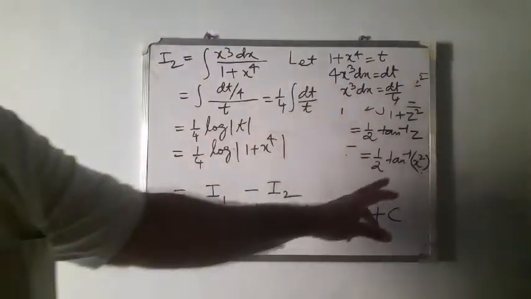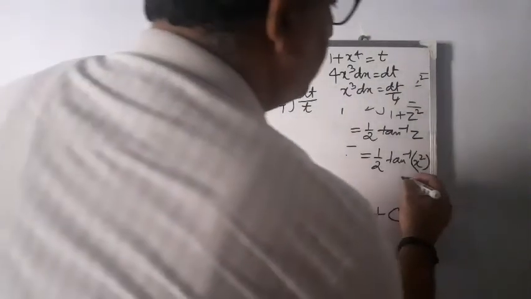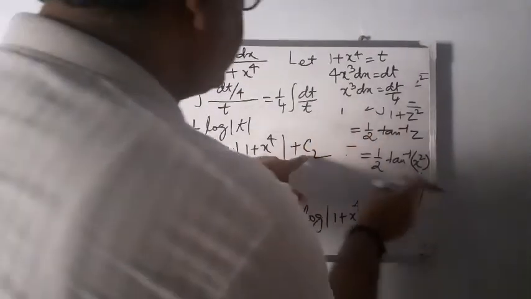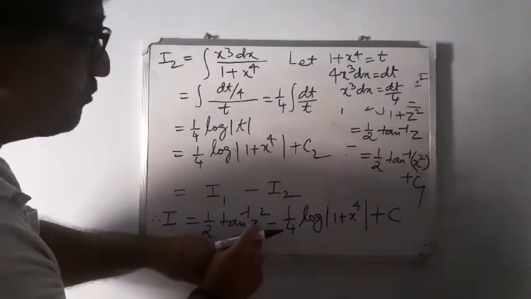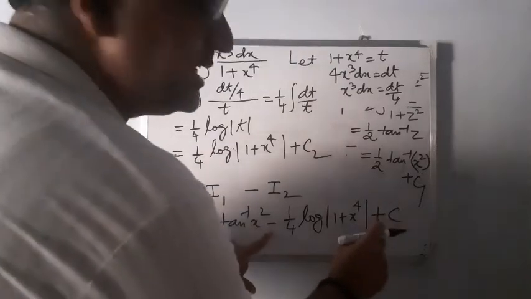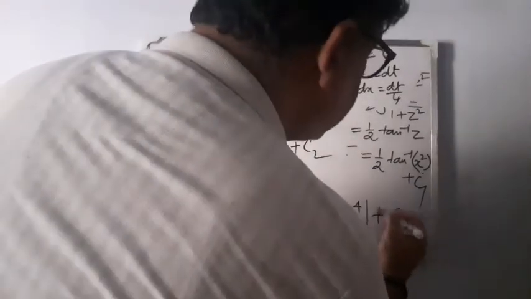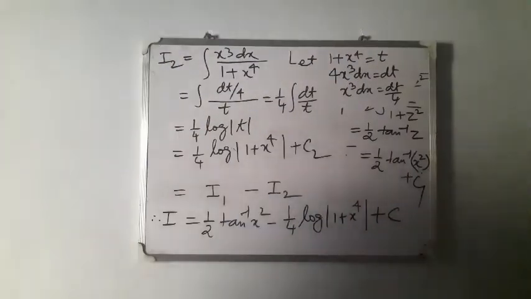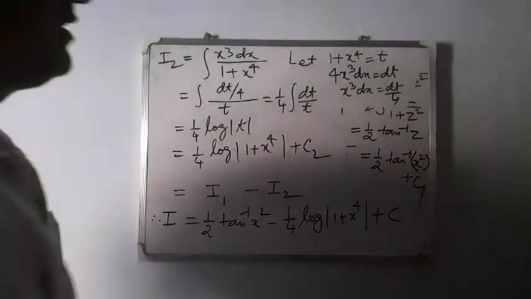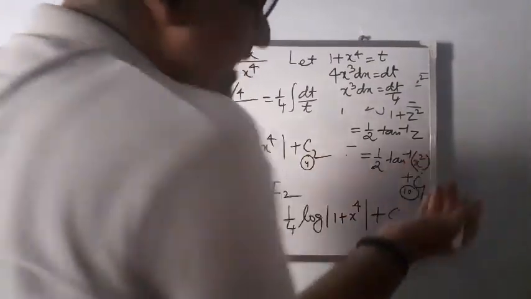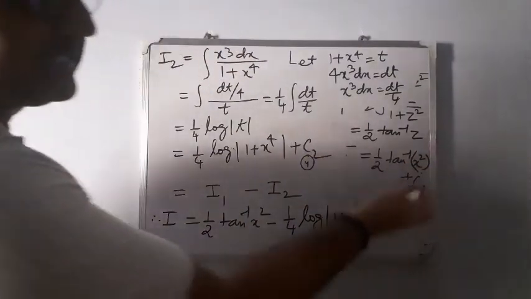If you have written plus c1 here and plus c2 here, then c1 minus c2 should be written as plus c at one place. Say c1 is equal to 10, c2 is equal to 4, so 10 minus 4 is 6. It is another constant, that is c.